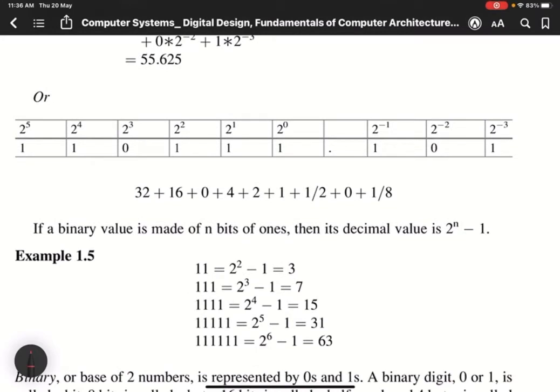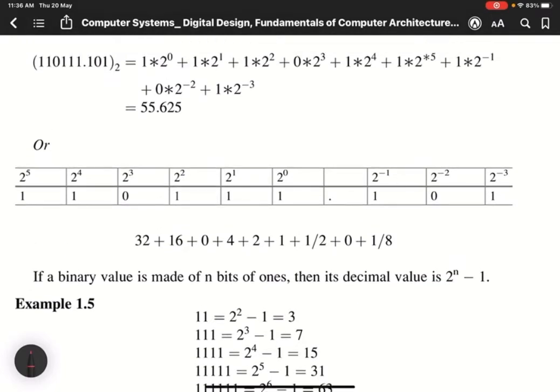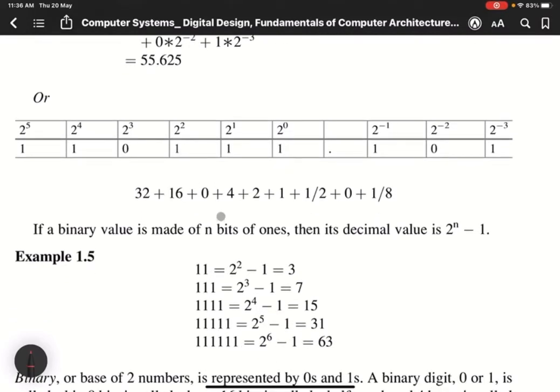If a binary value is made of n bits of 1s, then its decimal value is 2 to the n minus 1. Okay? Kapag daw, katulad nito kasi may mga 0 to, no? Pero may shortcut kapag puro 1 lang yung i-convert mo. Okay? So, paano mo i-convert?